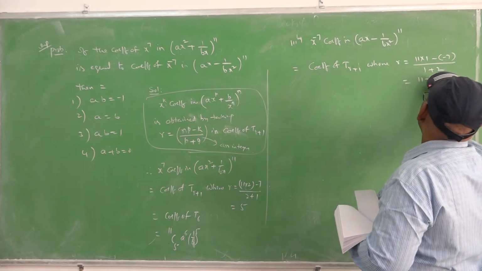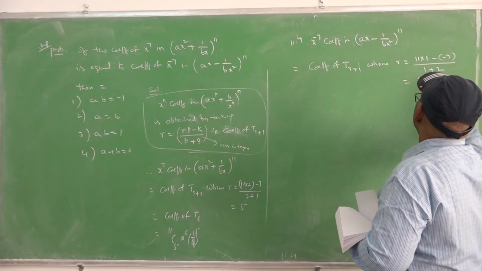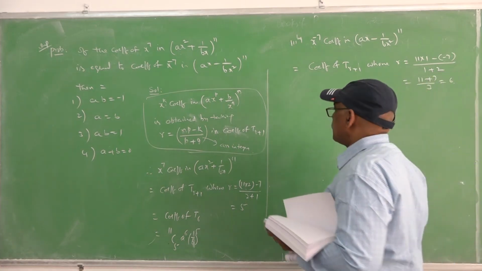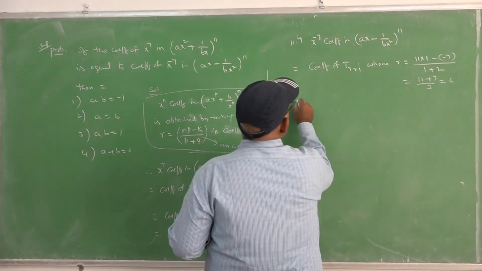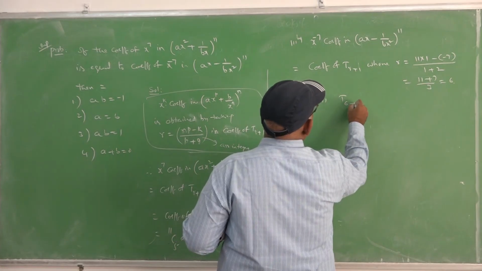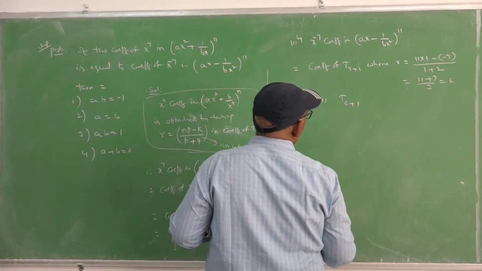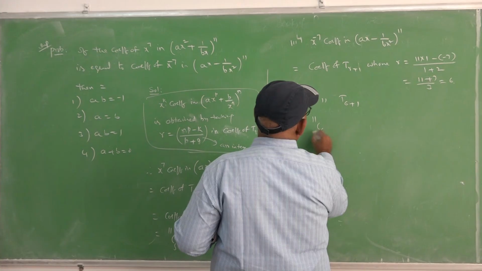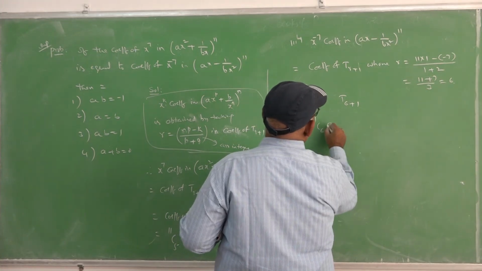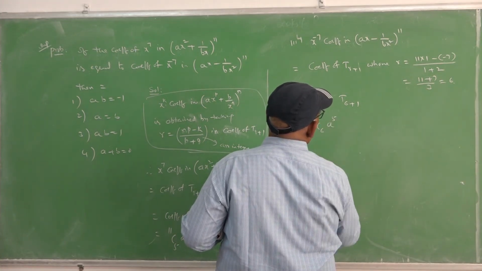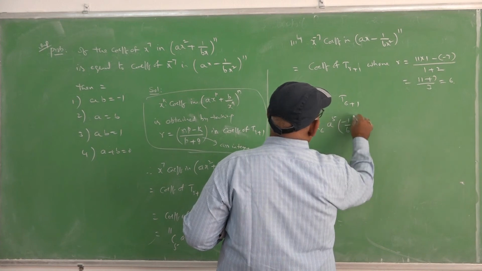This is 11 plus 7 by 3, 18 by 3, 6, which is an integer. So this is also coefficient of t 6 plus 1. So the coefficient is 11C6, a power 11 minus 6, 5, and minus 1 by b whole power 6.